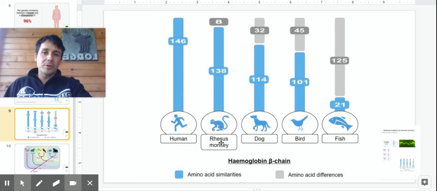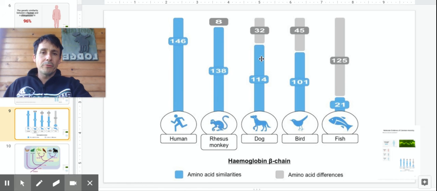However, if you go over and take a look at the rhesus monkey, a pretty close relative, we'll find that there are only 8 of those amino acids that are different. So the basic amino acid order in the hemoglobin is pretty much the same, with 138 being the same and 8 being different.